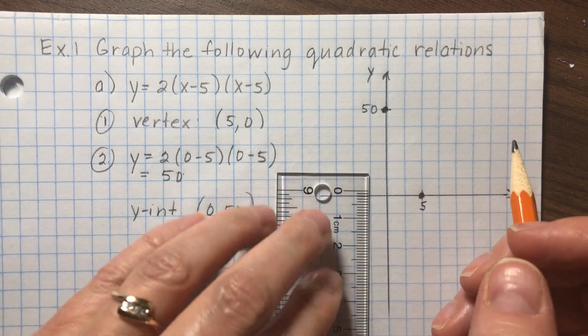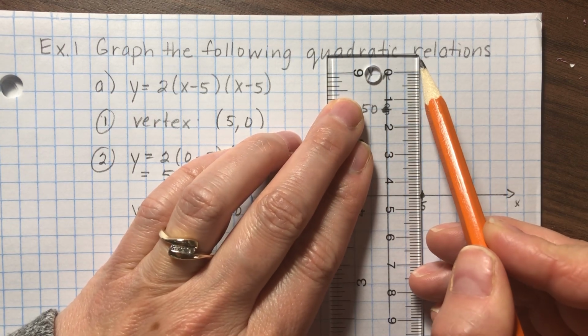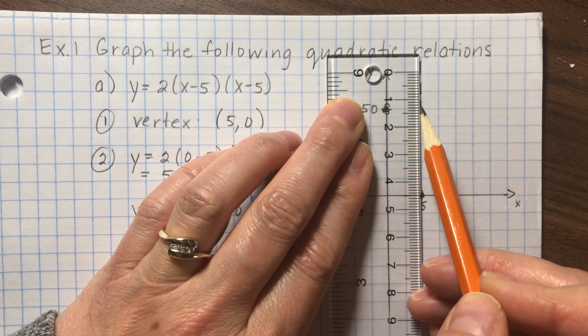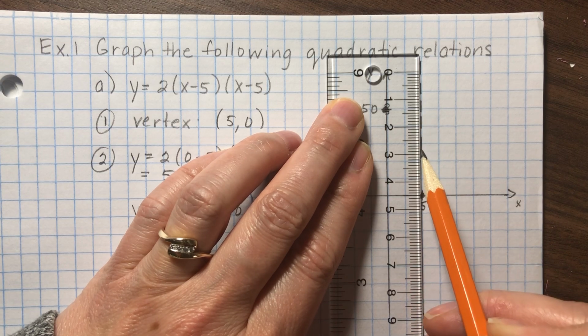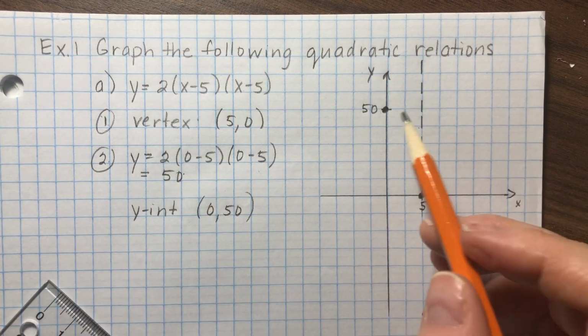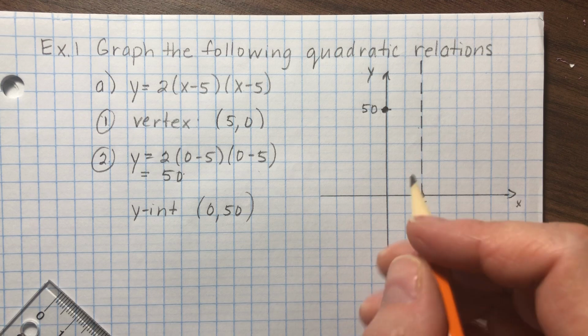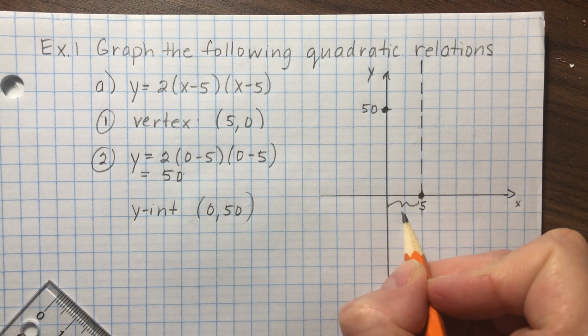To find the third point, I'm going to use symmetry. I should have another point with a y-coordinate of 50 on the opposite side of the axis of symmetry. That's the same distance away from the axis of symmetry as the y-intercept. So this distance is 5 units here.